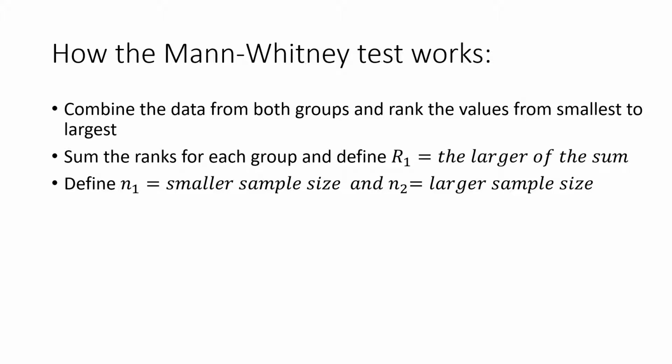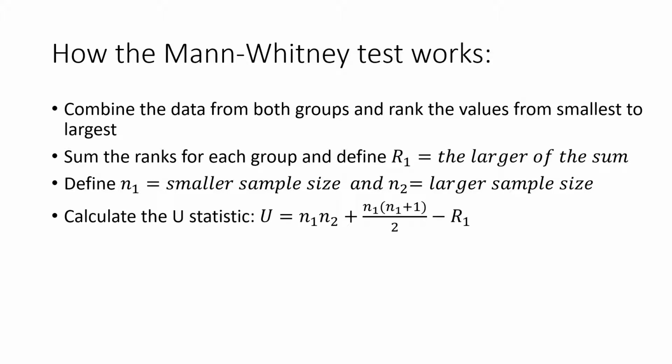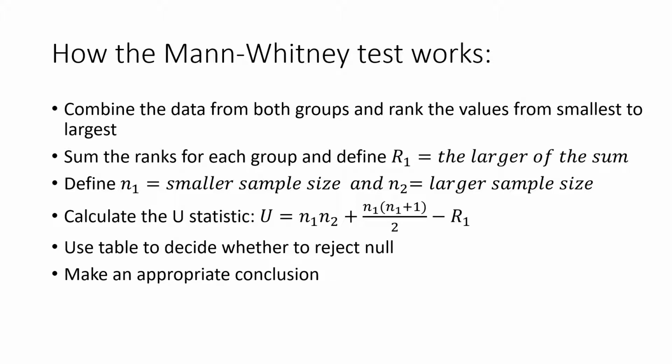We define N sub 1 to be the smaller sample size and N sub 2 to be the larger sample size. And then we calculate this U statistic. And then we use a table to decide whether we can reject the null hypothesis or not, and make an appropriate conclusion in context.